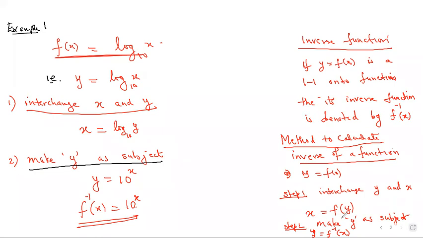Okay, fine. Now I'll give one more example. y is equal to 3x plus 5. So that means f of x is 3x plus 5. Find f inverse of x.